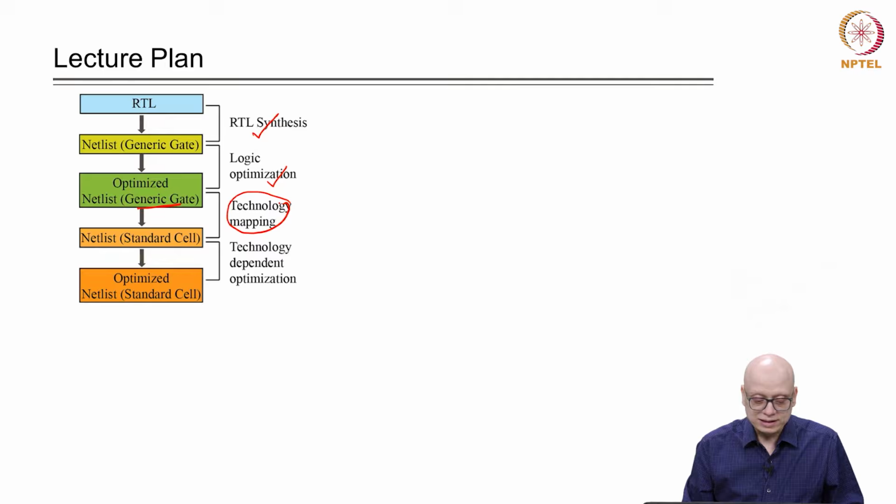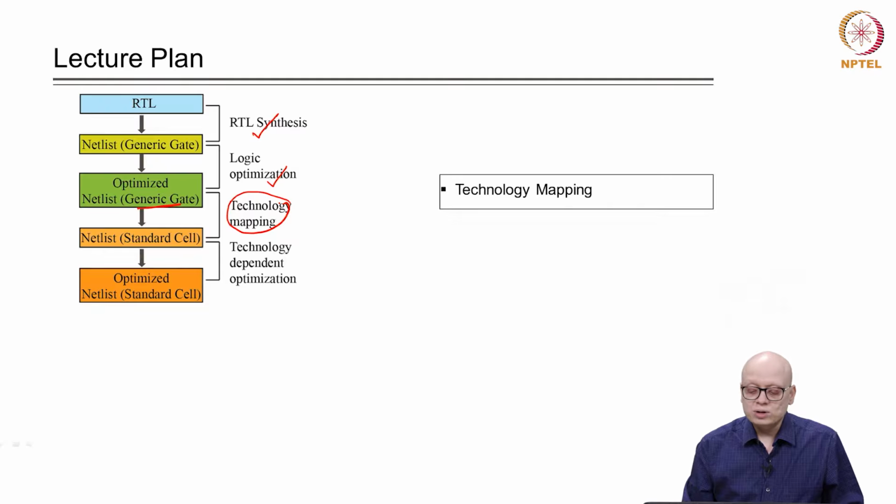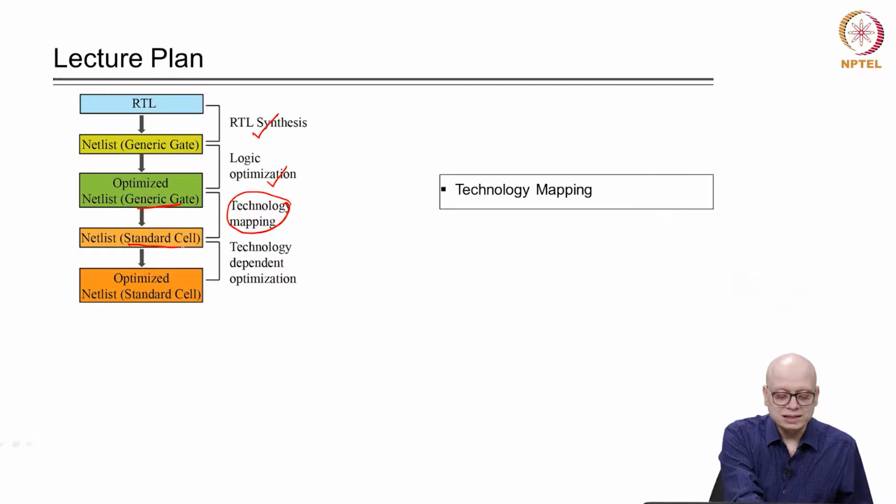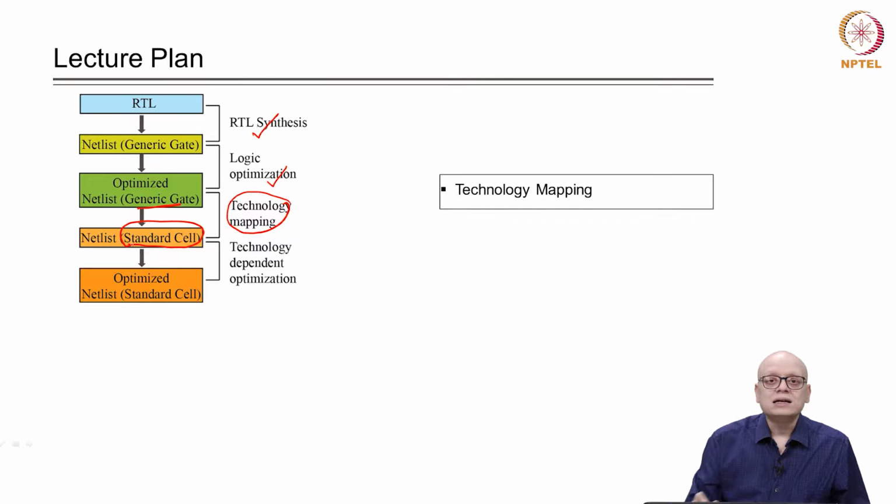So, what does a technology mapping do? Technology mapping basically transforms the netlist which is represented in terms of generic logic gates to a netlist which is in terms of standard cells which are in the technology libraries. So, in this lecture we will be looking at technology mapping.